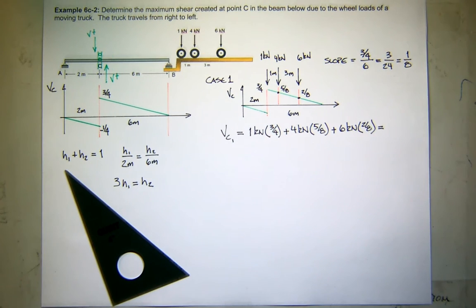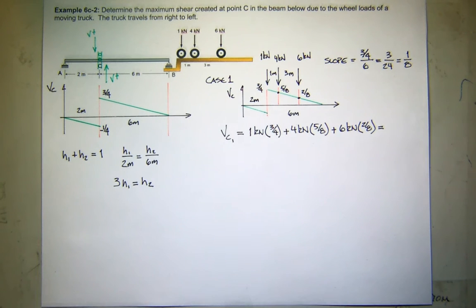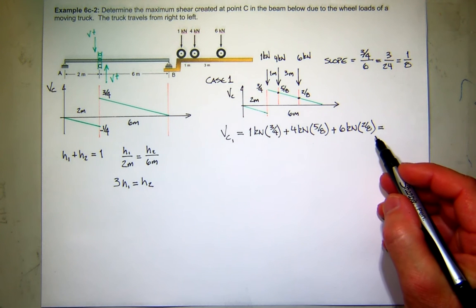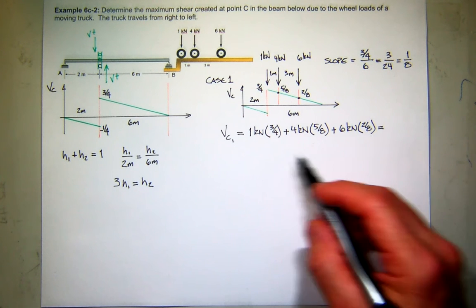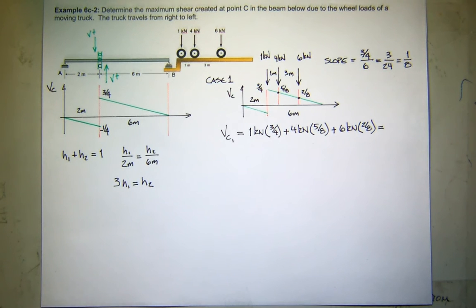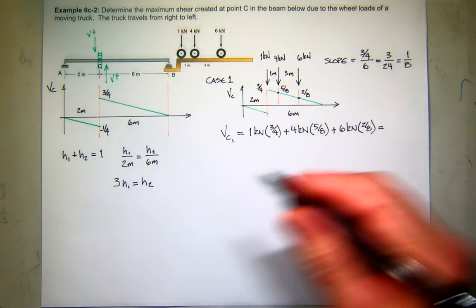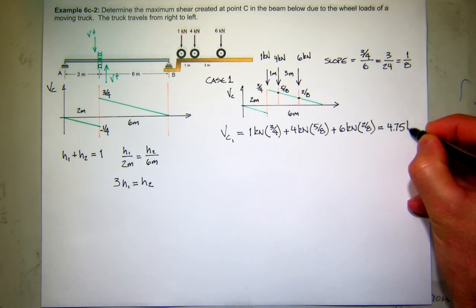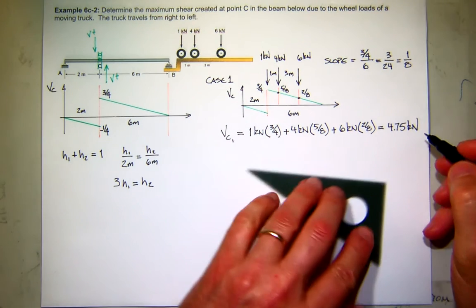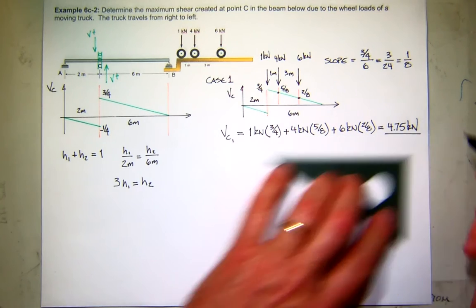So somebody have to do that calculation for me. 4.75? I just guessed. So I get a positive shear of 4.75 for that case.